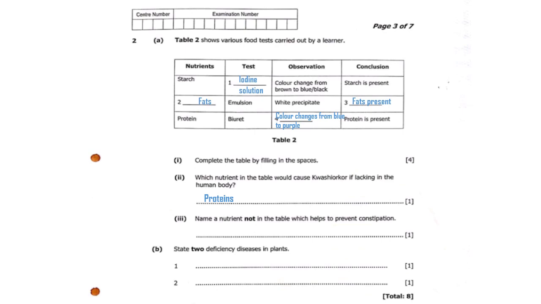Name a nutrient not in the table which helps to prevent constipation. That's roughage. State 2 deficiency diseases in plants. So we have 1, yellowing of the leaves, 2, stagnant growth.